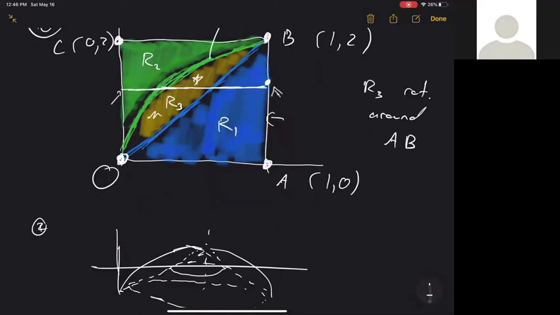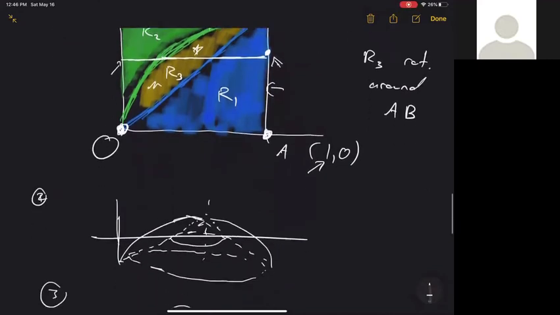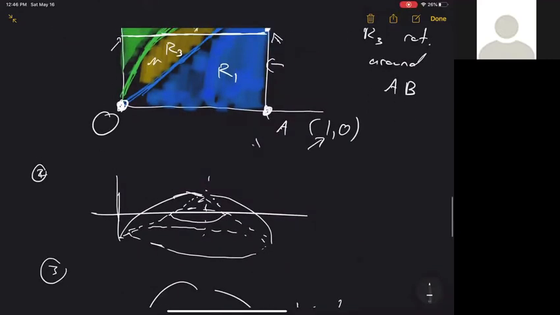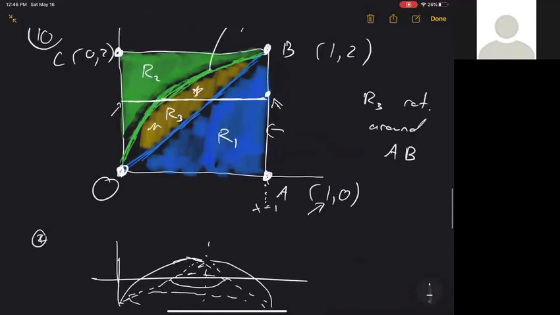Well, what is that x-coordinate? It's 1. I can tell this is the line x equals 1, this dotted line here. So this full white line would be 1. And then if I subtract away the x-coordinate of this point, I would have just my outer radius, the remaining white line.